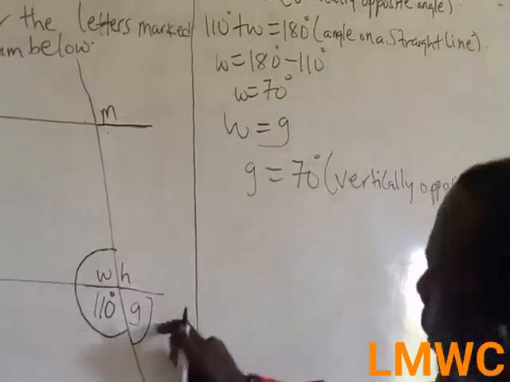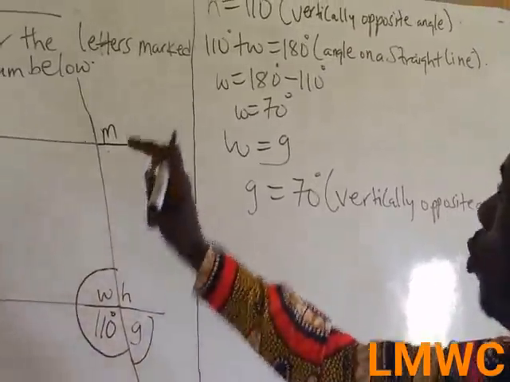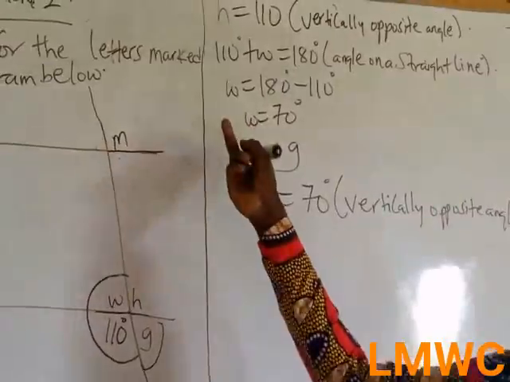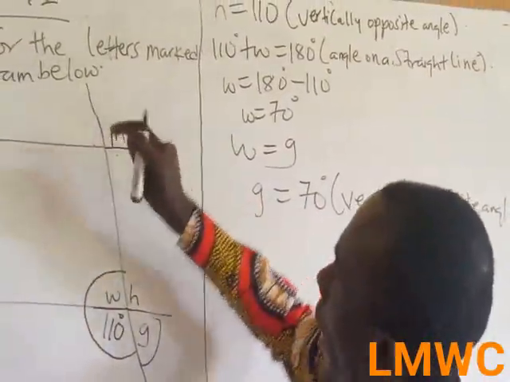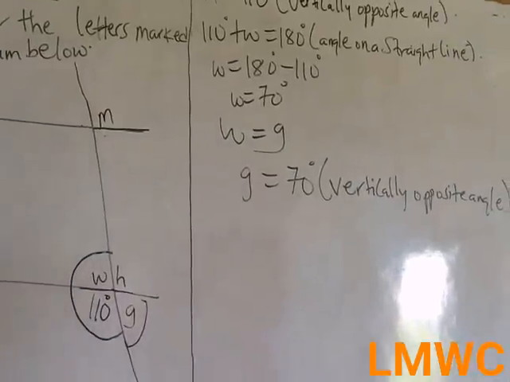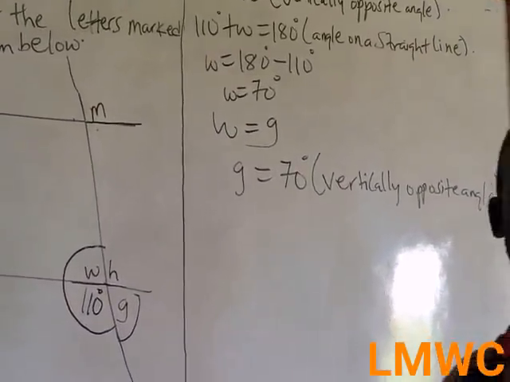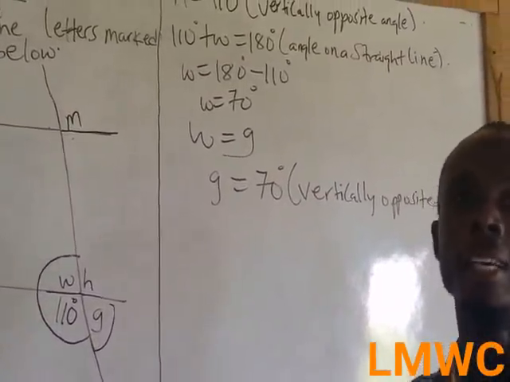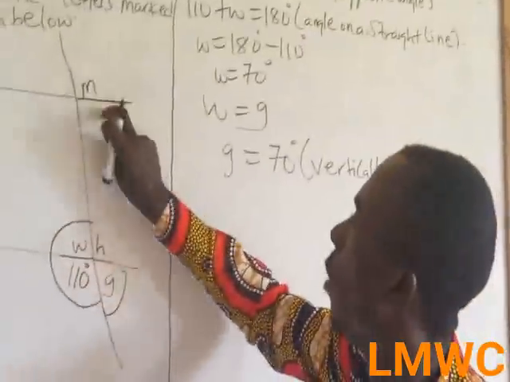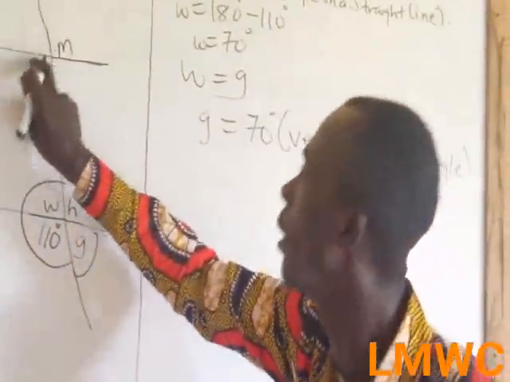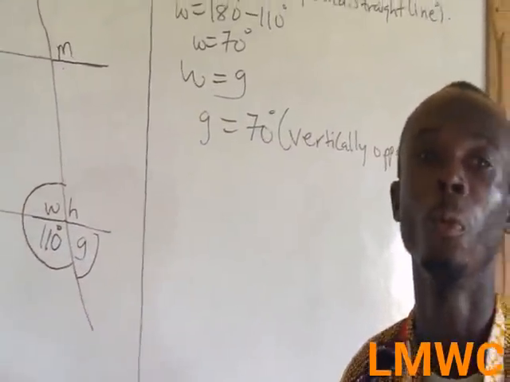So I'm done with J, H, and W. Let's move on to M. But you see this side, I didn't bring any letter or any angle. But it's not a wrong question. You will choose your variables here. If I bring it here, it will become simple.